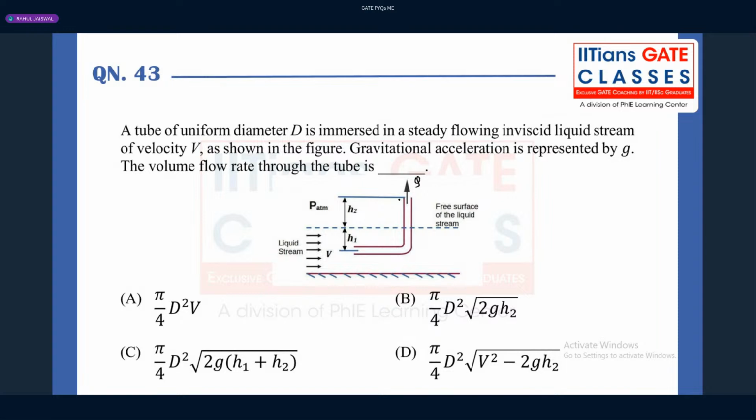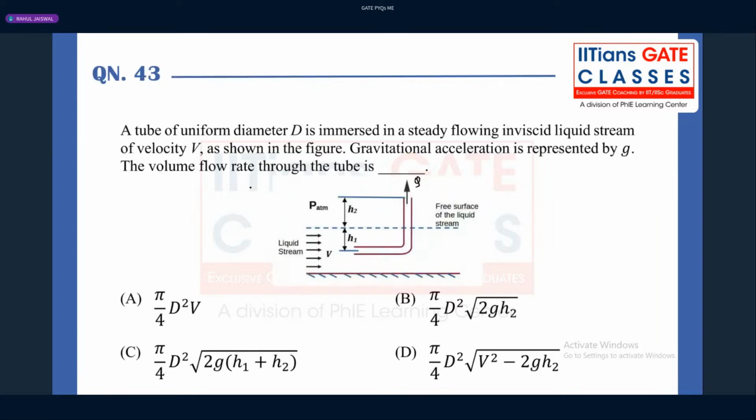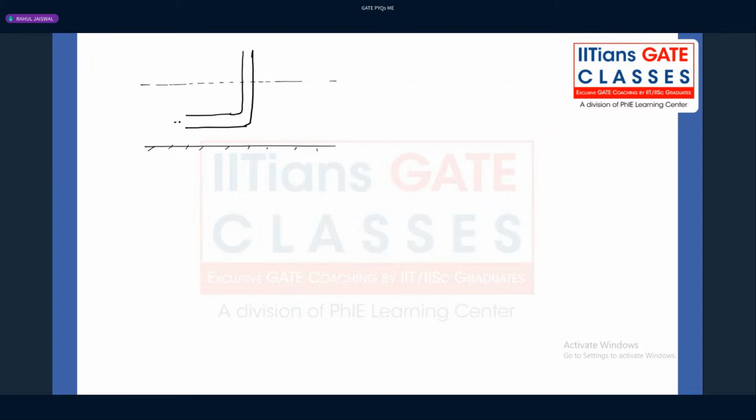First of all, we will make the diagram here separately. Here, what they have given? One thing before answering this question, I would like to ask whether it is a pitot tube or not.